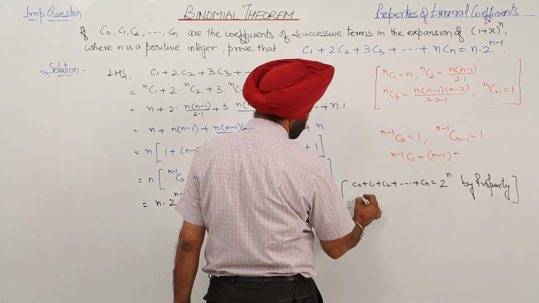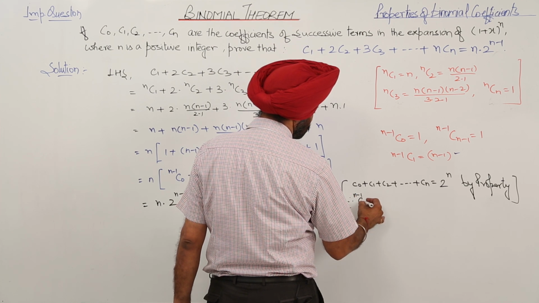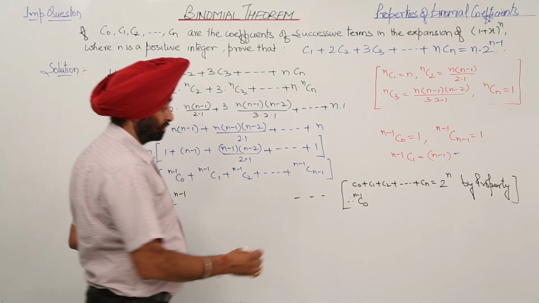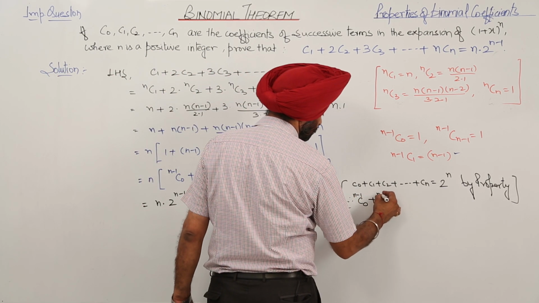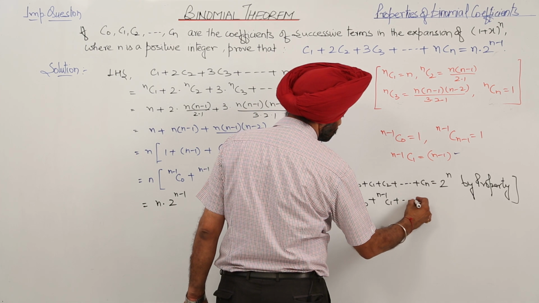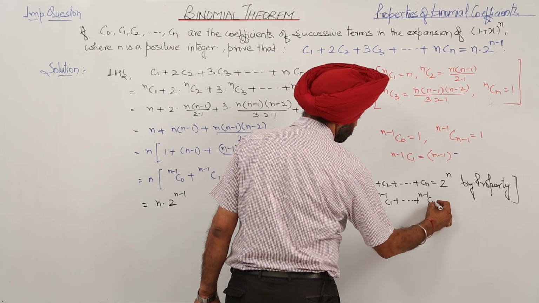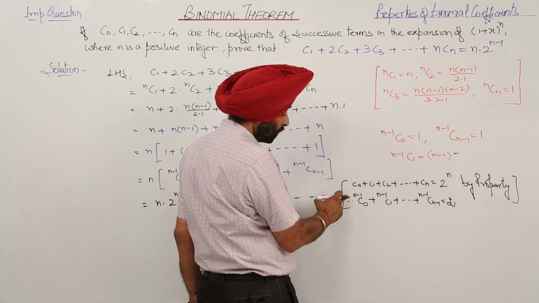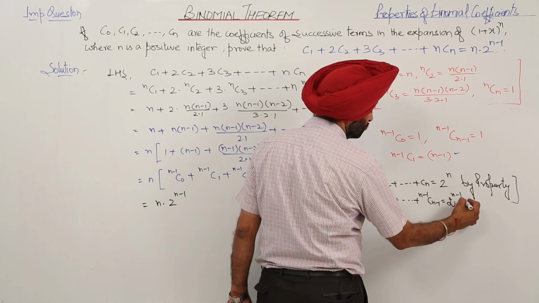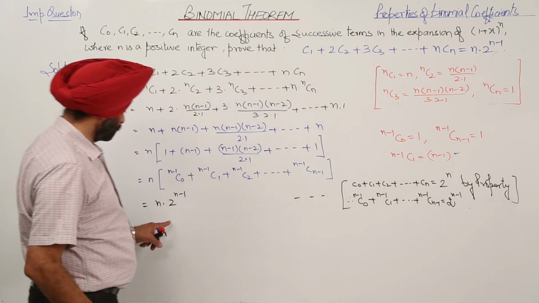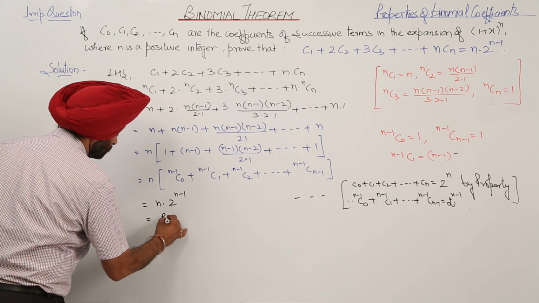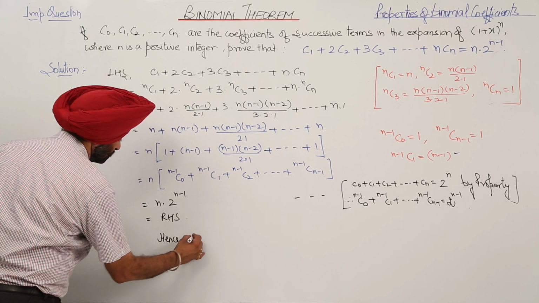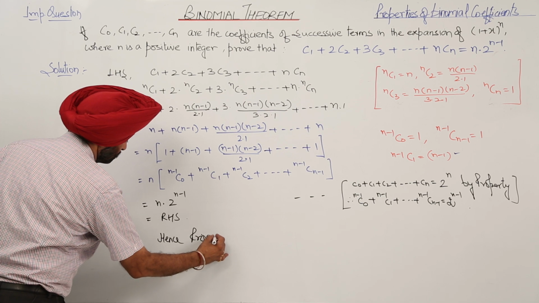Therefore, n minus 1 C0 plus n minus 1 C1, like this, plus n minus 1 C n minus 1, this will be 2 raised to the power, earlier it was n, now n minus 1, so it is n minus 1. That is what we have used here. Now, this is equal to the right-hand side, hence proved.